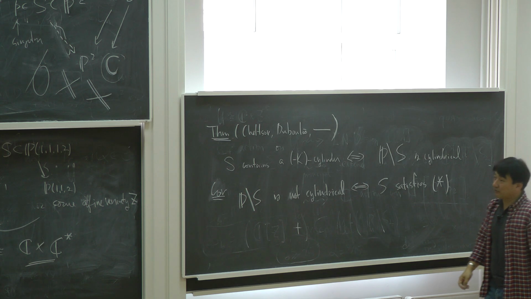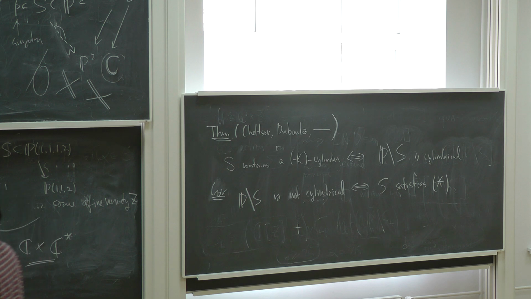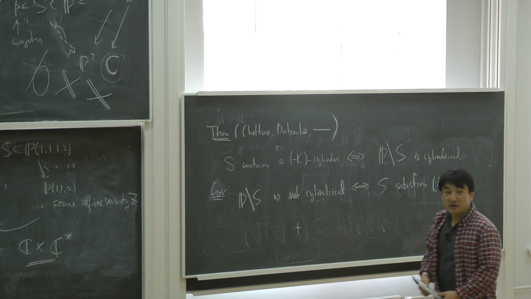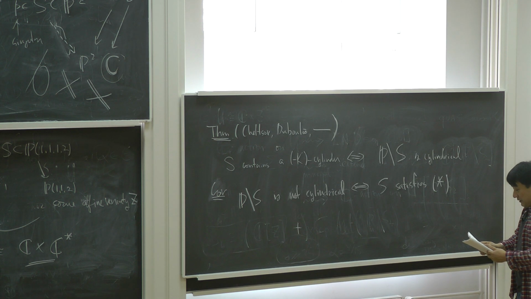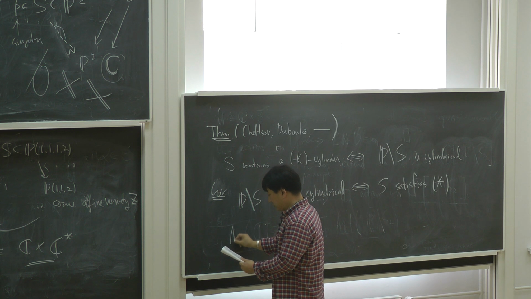Right? So in particular, in the smooth cubic case, it does not have the minus K cylinder. So that means this complement of the smooth cubic is not cylindrical at all.